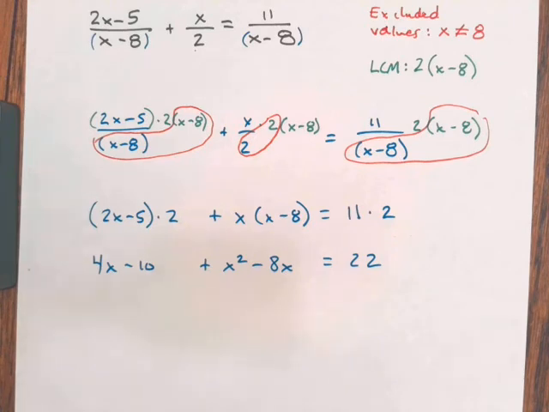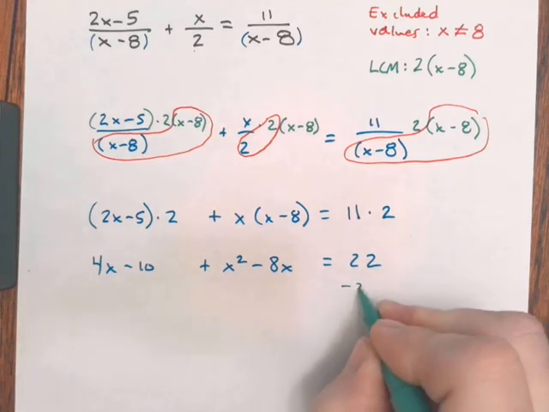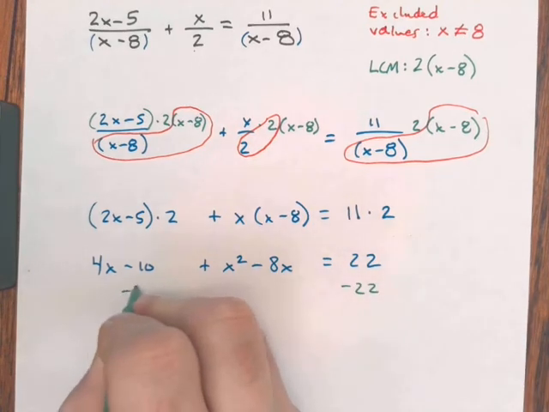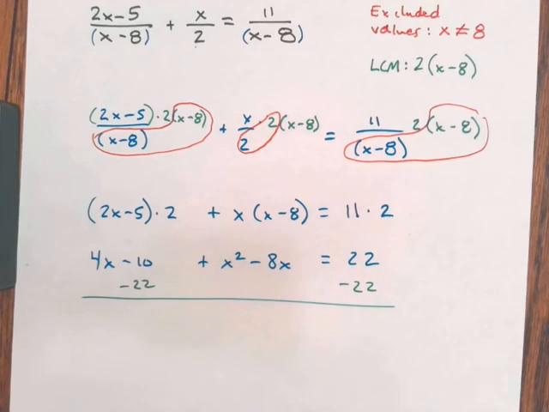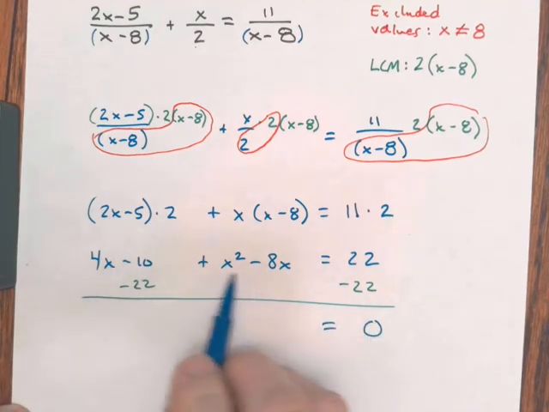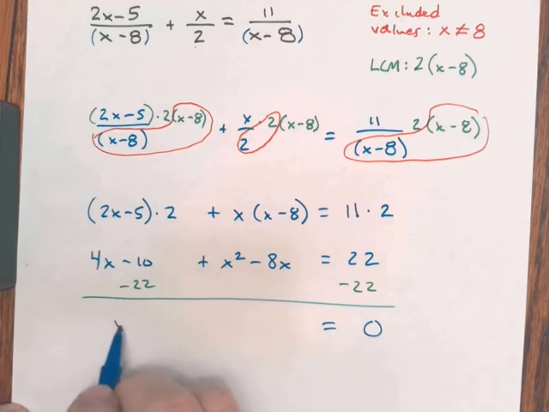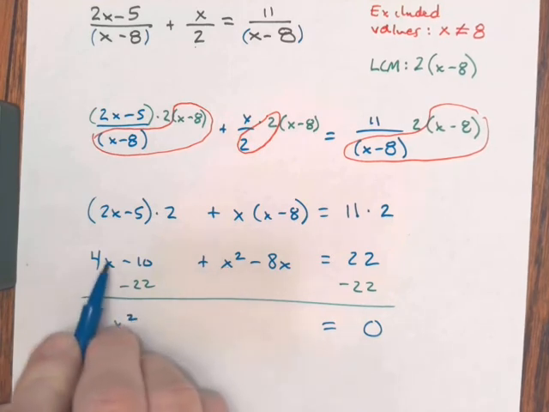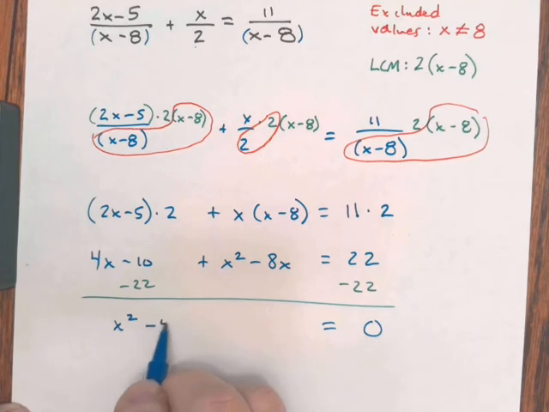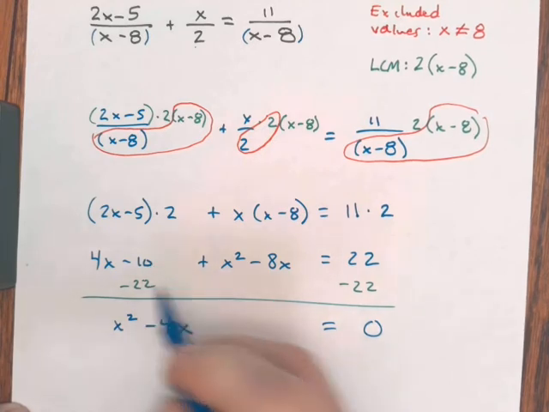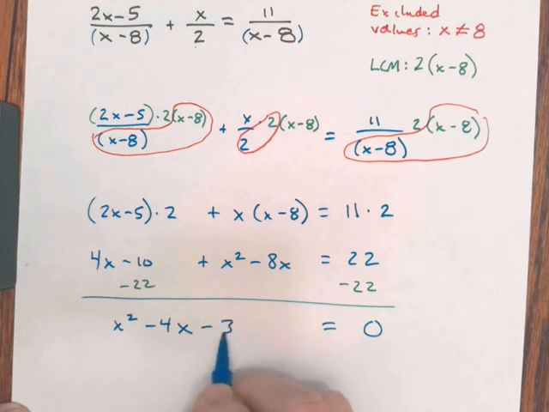I'm going to set this equal to 0, so I'm going to subtract 22 on both sides, and when I write down the terms over on this left side, I'll combine like terms and put this into standard form. The only x squared value I have here is this x squared. For our x's, we have this 4x minus 8x, and then for just our constants, negative 10 minus 22 is a negative 32.